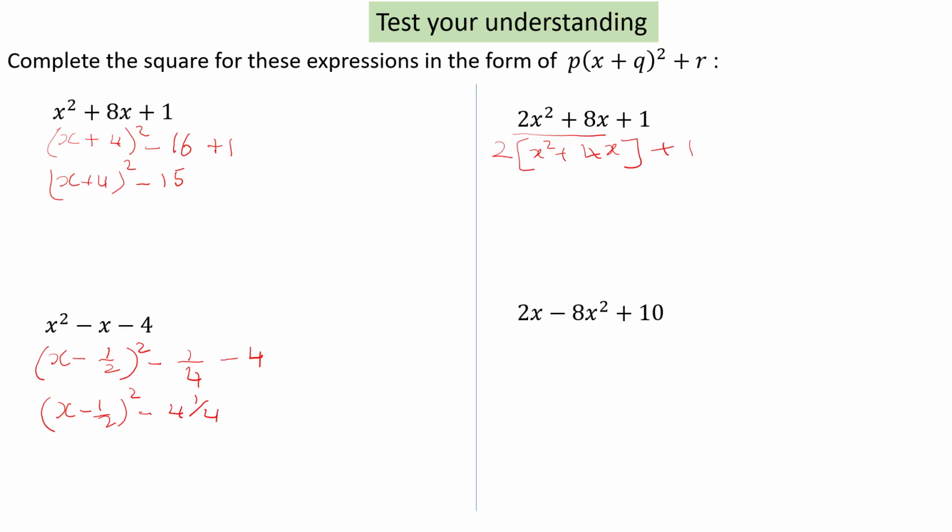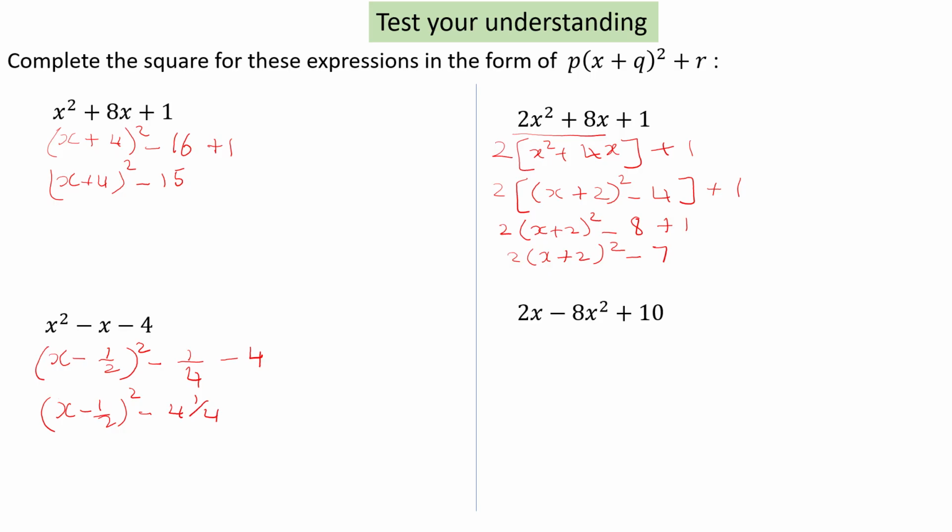So now do the completing the square. x plus half of 4, which is 2, squared, and take away 2 squared, which is 4, plus 1. So multiply by 2: 2 times x plus 2 squared, minus 8, 2 times 4, 8, plus 1. So 2 bracket x plus 2 squared minus 7.